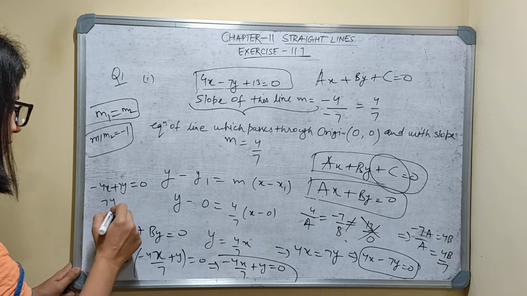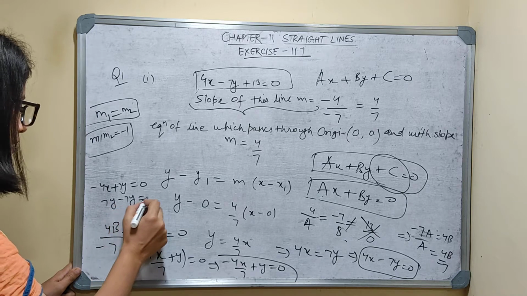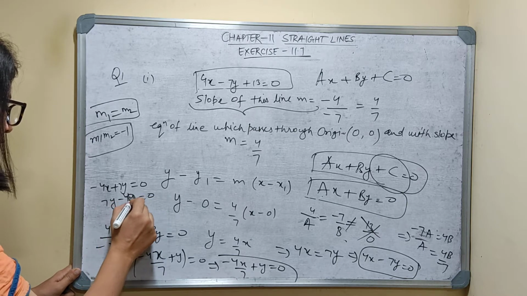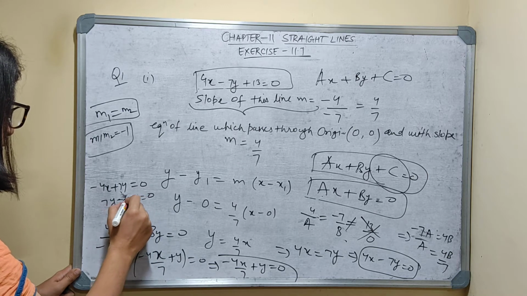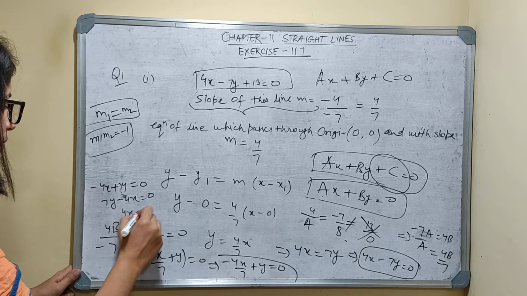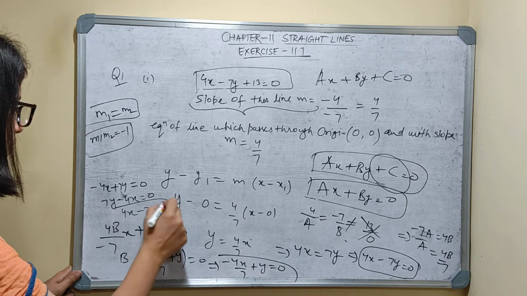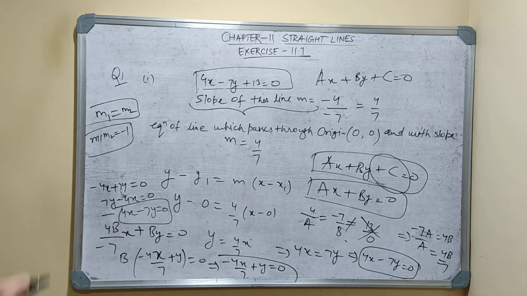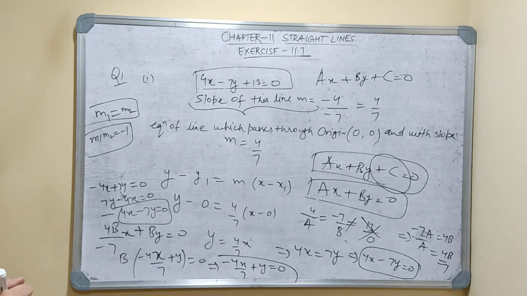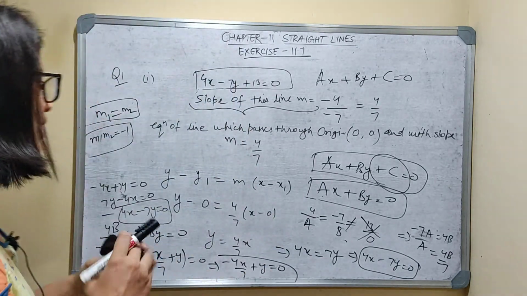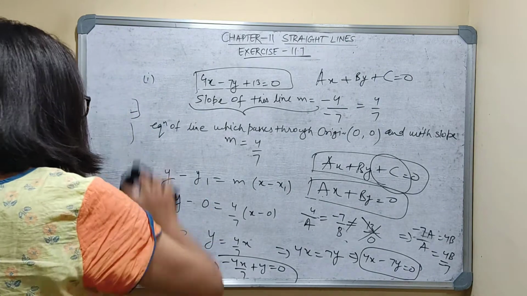So 7y minus 4x is equal to 0, or 4x minus 7y is equal to 0 if we take minus common. Is it clear? It is the easiest method. Like this you have to solve. Now question number first, second part.